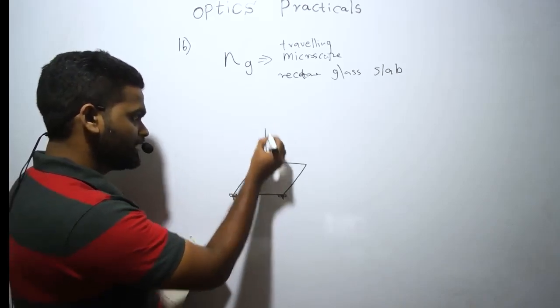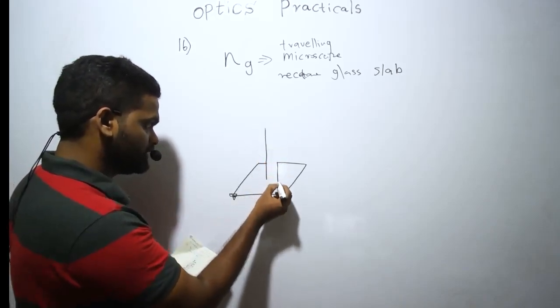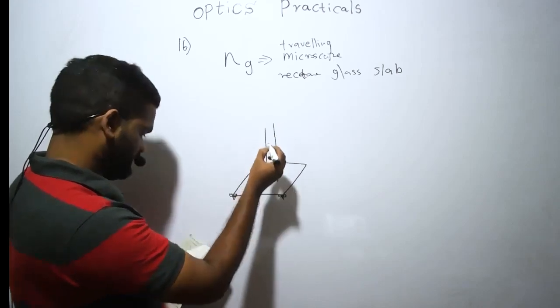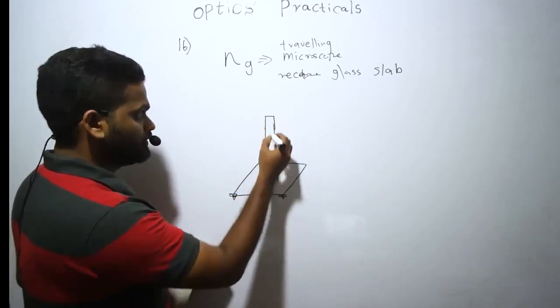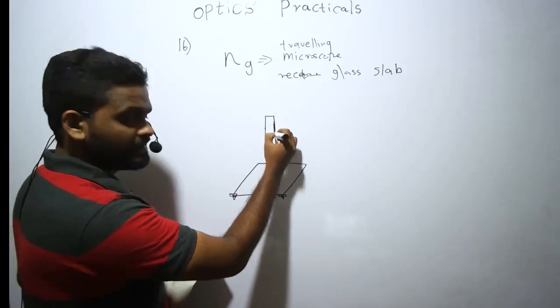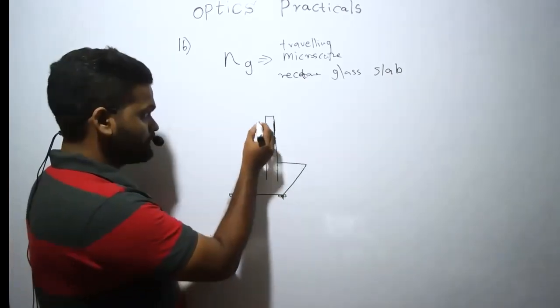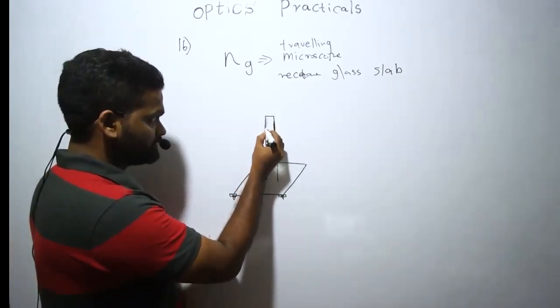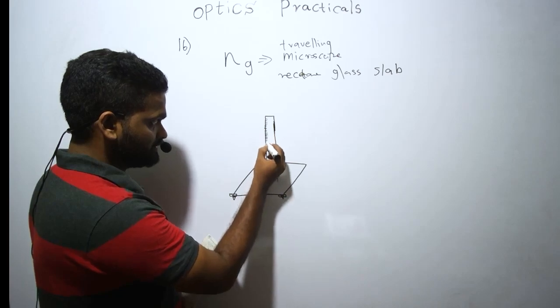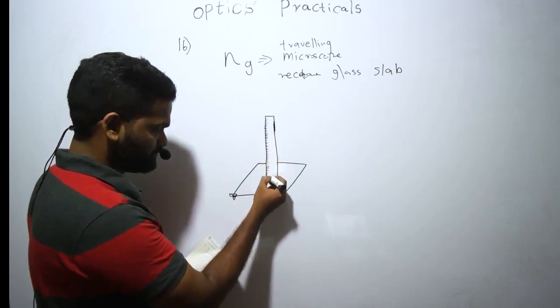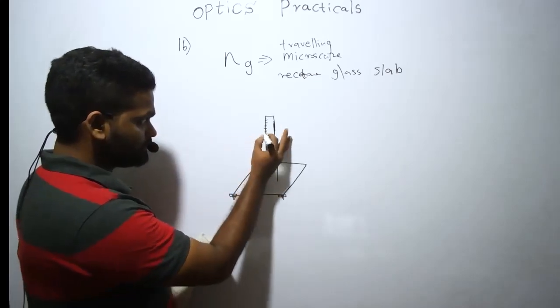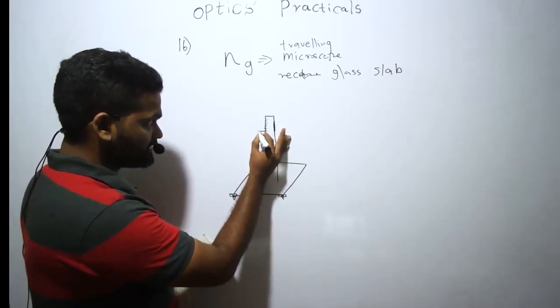Then there's a metal bar. This is calibrated in millimeters. Then there's a vernier scale attached to that.